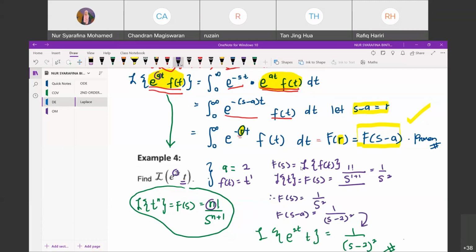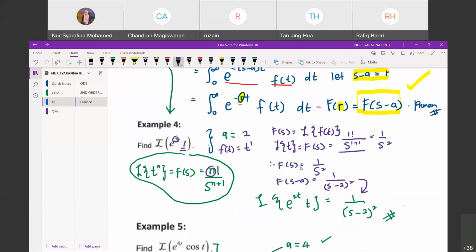Is that clear? Anyone has question? Okay, clear?